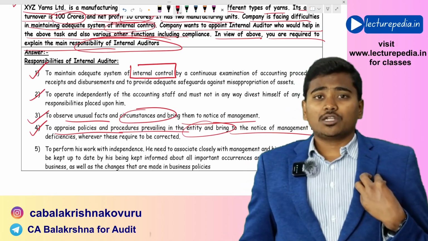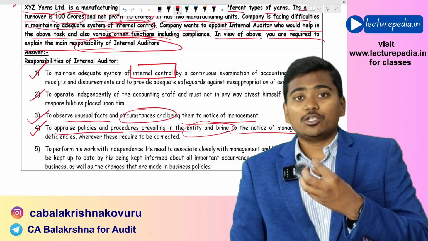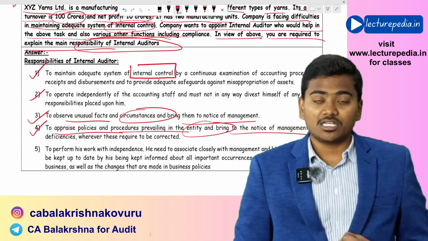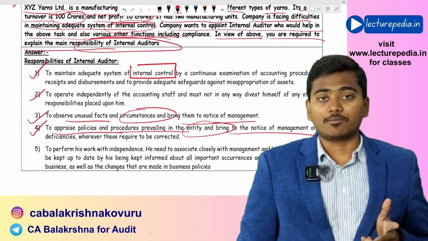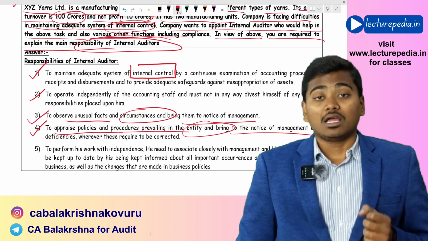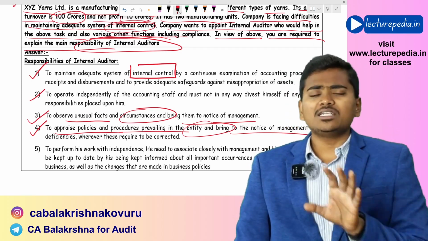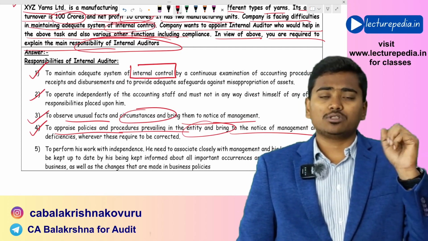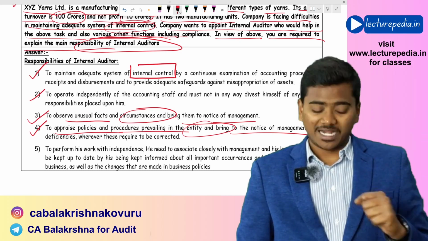The work of the internal auditor is to evaluate those policies, whether they are working efficiently, and whether we need to make any modifications in the existing policies and procedures. If any improvement is required, he needs to report the same to the management, or if they are working properly, he needs to communicate the same to the management.